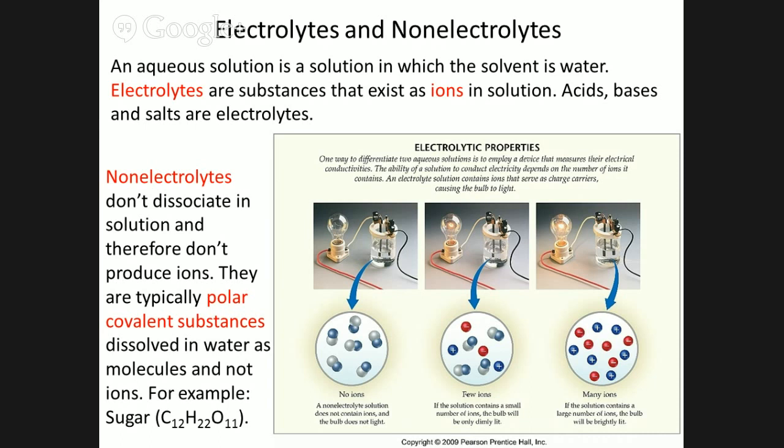The little light does not light up; there is not a current going through the solution. On the other hand, with a few ions, a salt maybe that breaks apart into 2 different ions, we get a weak light, dimly lit. A different kind of salt, or maybe a really strong acid, gives lots and lots of ions, bright light.